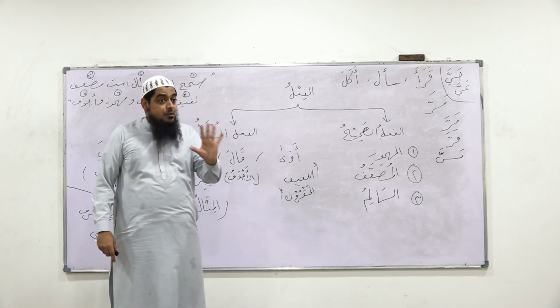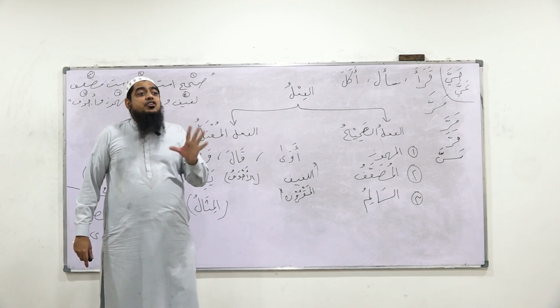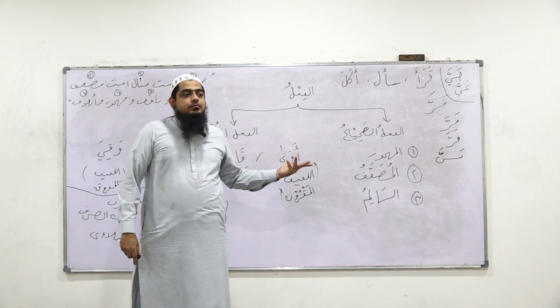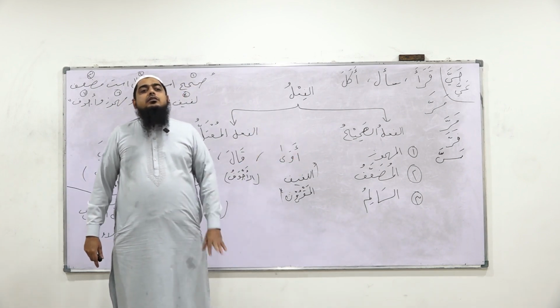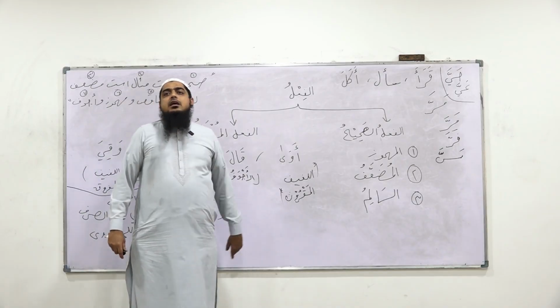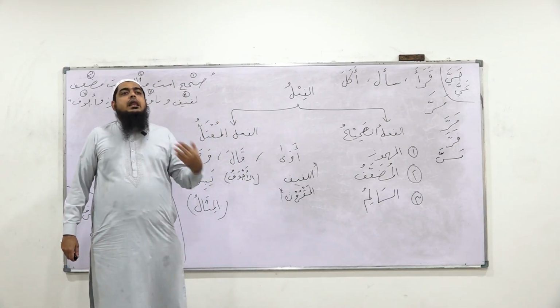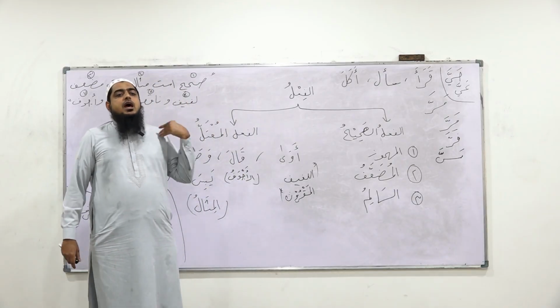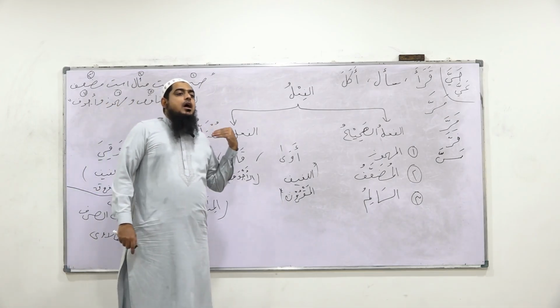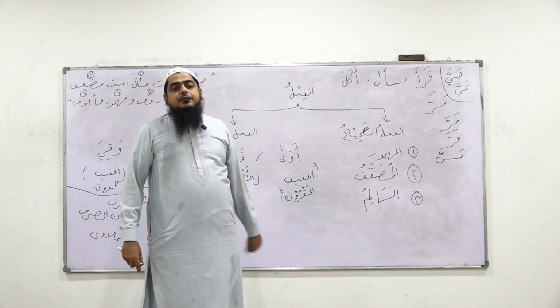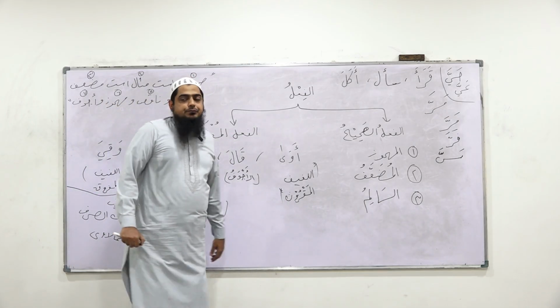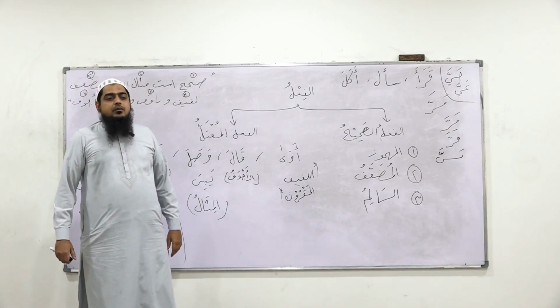If any fi'l does not behave normally, then they say ismul fi'l. So hayya is ismul fi'l, meaning aqbil, ta'al, come. Hayya ala salah, come to prayer. Hayya ala falah, come to success. Okay. Assalamu alaikum.